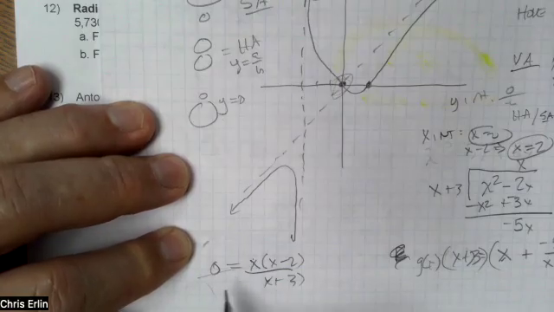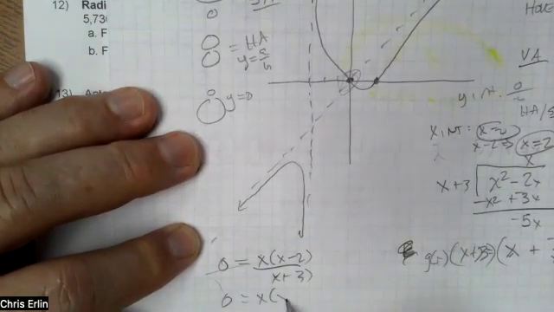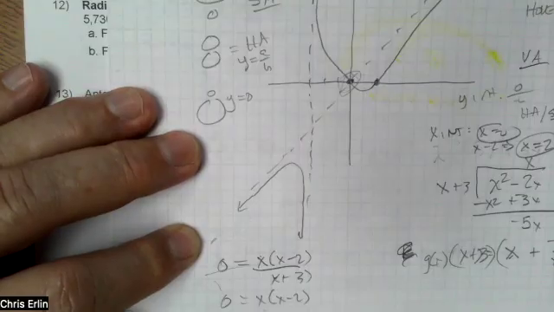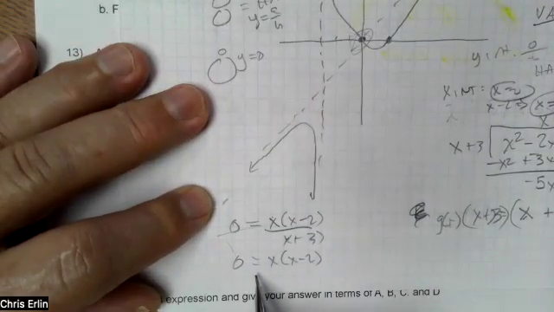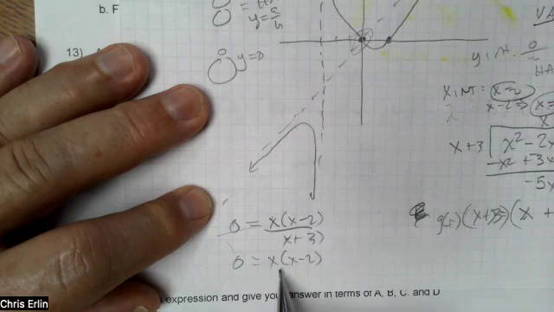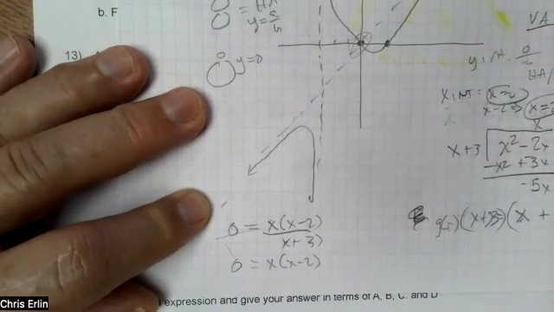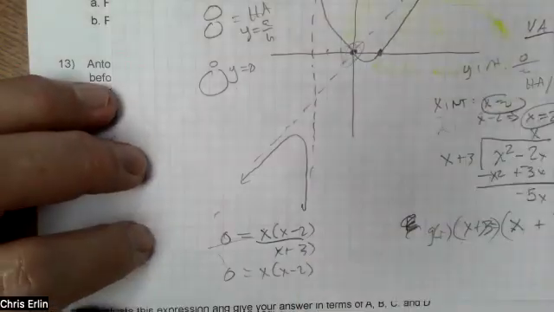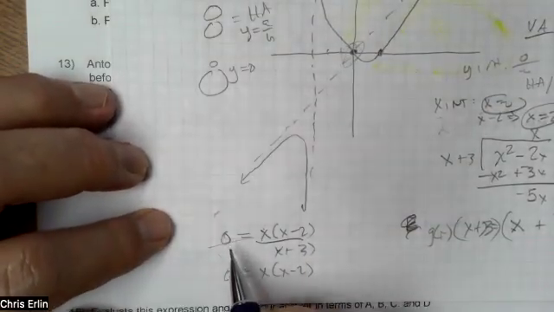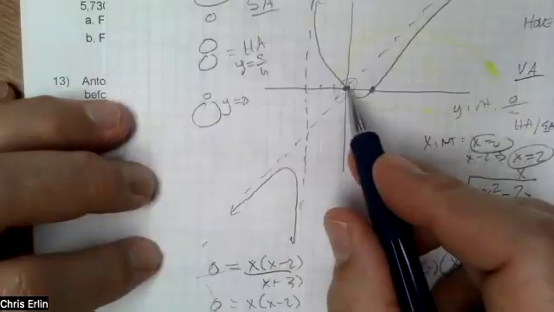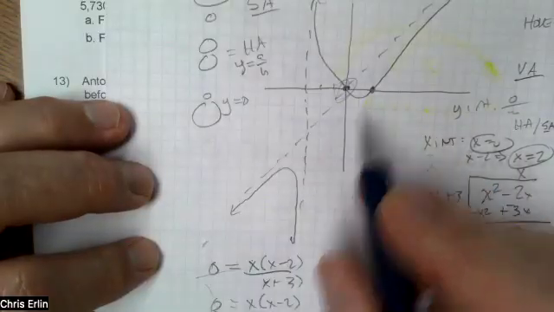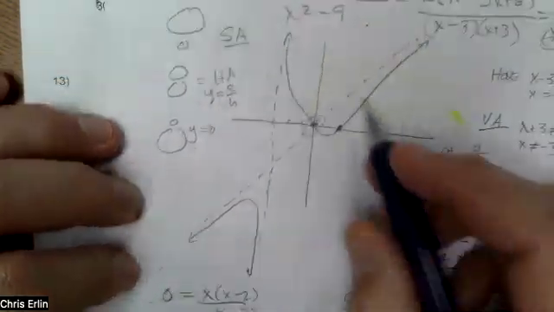When I cross multiply, I end up with 0 equals x times x minus 2, right back where we started from, saying that there are two values where this could cross over the axis, 0 and 2. And since we've set this equal to 0, y equal to 0 in this case, what we're really finding is the same as the x-intercept. So this matches with what we saw before.